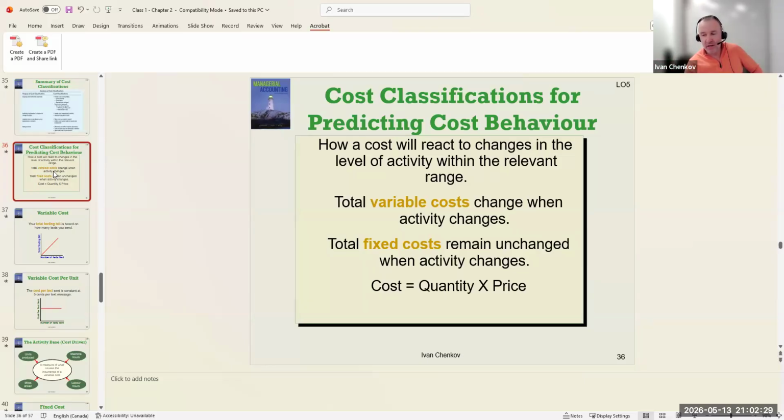Whatever you have to buy, it comes with the price. Now, what's going to drive the cost then? Only the quantity. We have items that we need, which is driven by our activity, and we have prices that we pay because we just have to live.